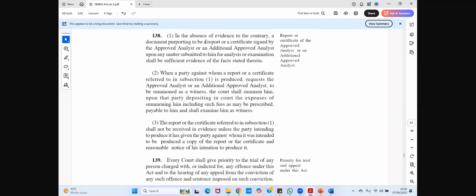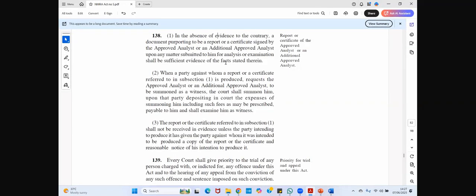In the absence of evidence to the contrary, a document purporting to be a report or certificate signed by the approved analyst or additional approved analyst upon matter submitted to him for analysis or examination shall be sufficient evidence of the facts stated therein.